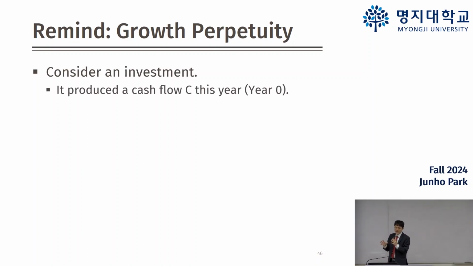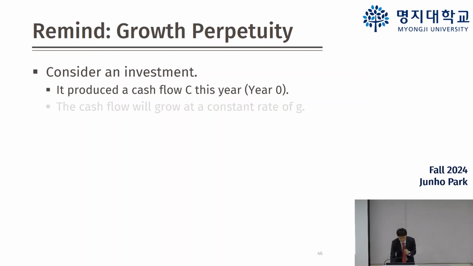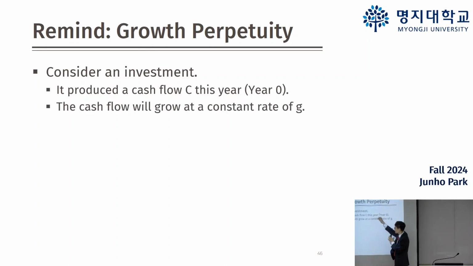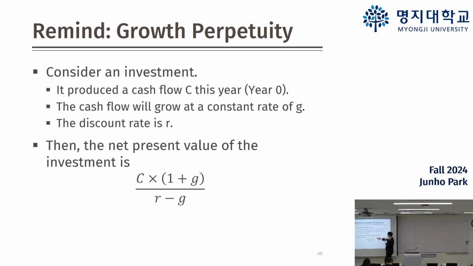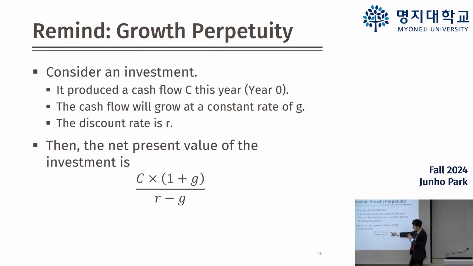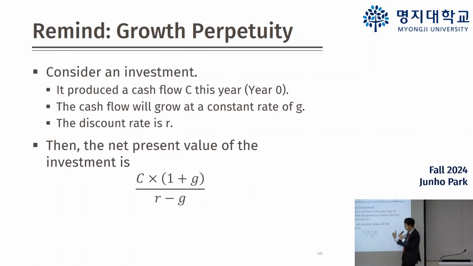When there is an investment and it continues to produce cash flows, but these cash flows grow at a constant rate, then the present value of the investment can be calculated based on this formula: C times (1 plus g) over (r minus g). Here, C is the initial cash flow, g is the growth rate, and r is the discount rate.